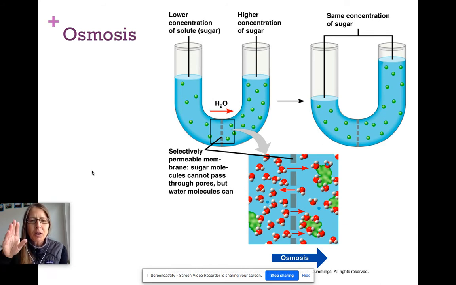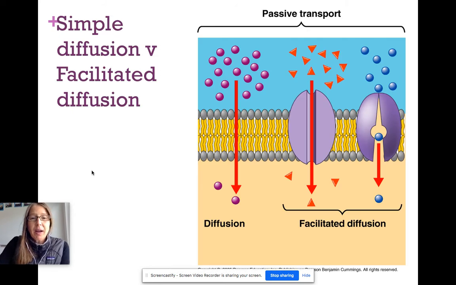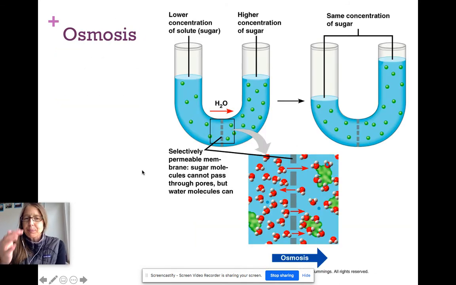But for the most part, they travel through facilitated diffusion through proteins called aquaporins. If these were water molecules here, to get from high to low water concentration, they would probably go through a channel called an aquaporin, although occasionally they have been known to go through the phospholipid bilayer as well, being as small as they are.